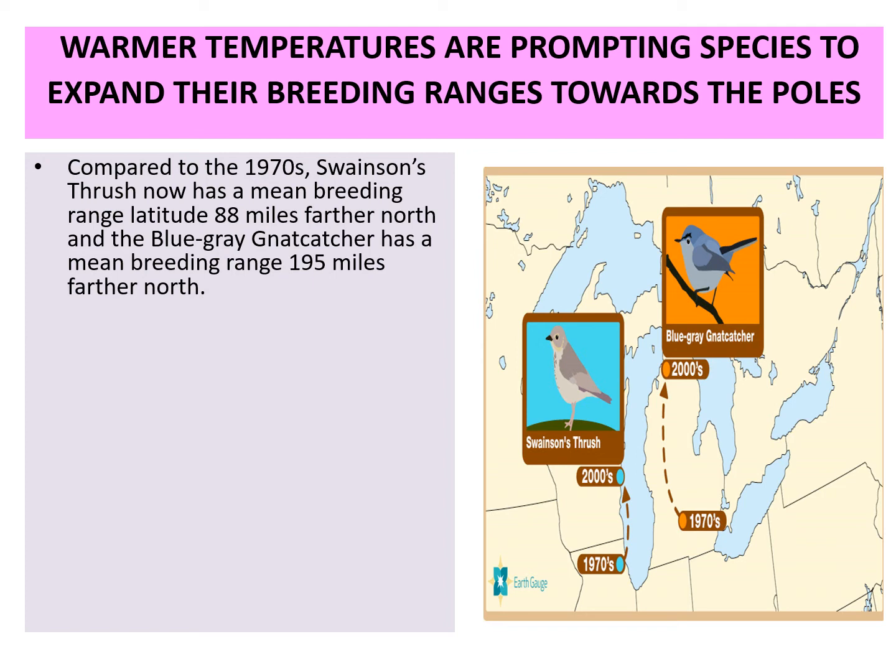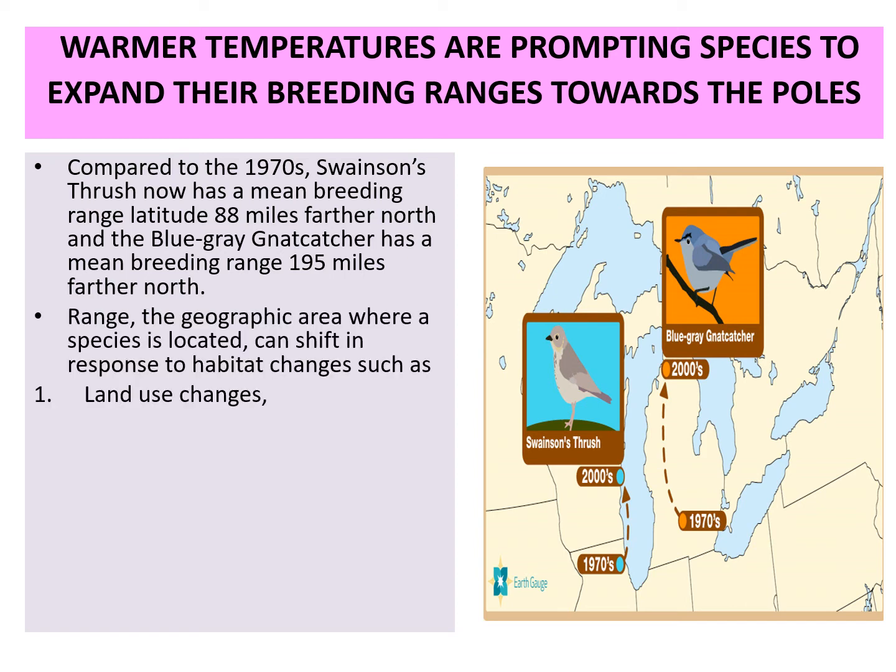Compared to 1970, Swainson's thrush now has a mean breeding range latitude 88 miles farther north, and the blue-gray gnatcatcher has a mean breeding range 195 kilometers farther north.